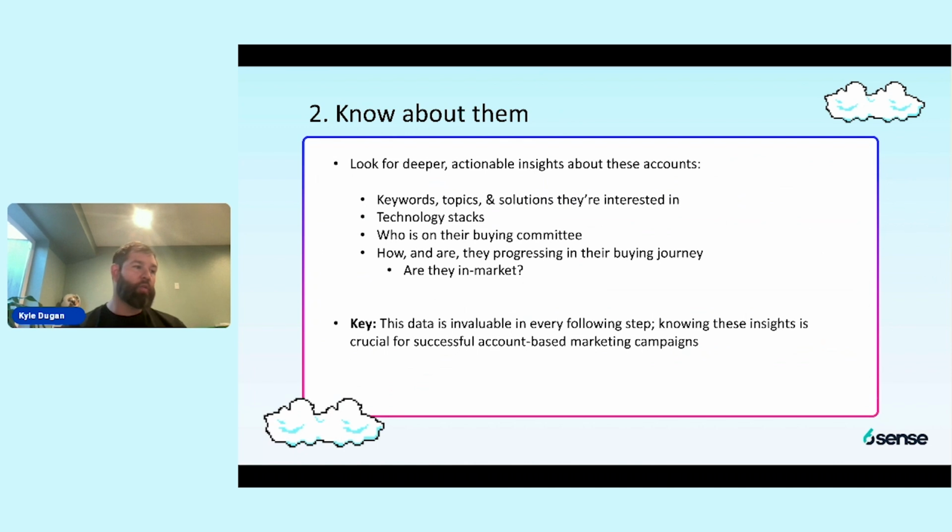One of the things that we found lately with one of our reports is that something like 93% of accounts don't reach out to sales until they're ready to buy. And so by the time a lot of people are contacting them, they already know what they want. They already know what they're going to go with. So knowing about them, knowing about these stages is key to getting in front of these accounts before they know what they want.